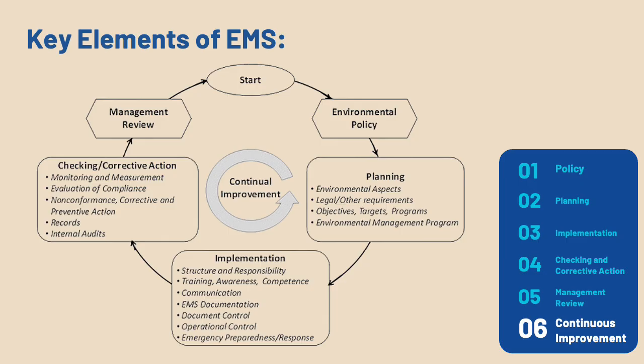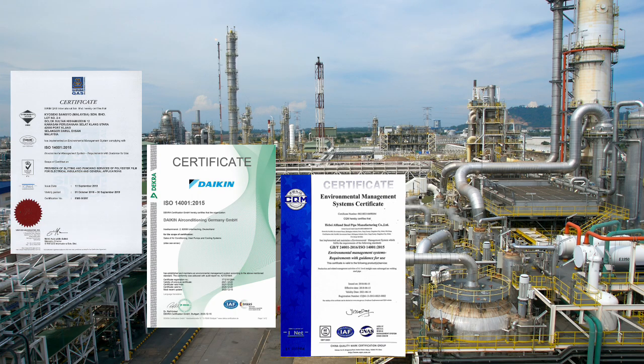Right? Okay. And before we wrap up, I just want to show a few ISO 14001 certifications. These companies have been certified with ISO 14001 certification, a globally recognized standard for environmental management.